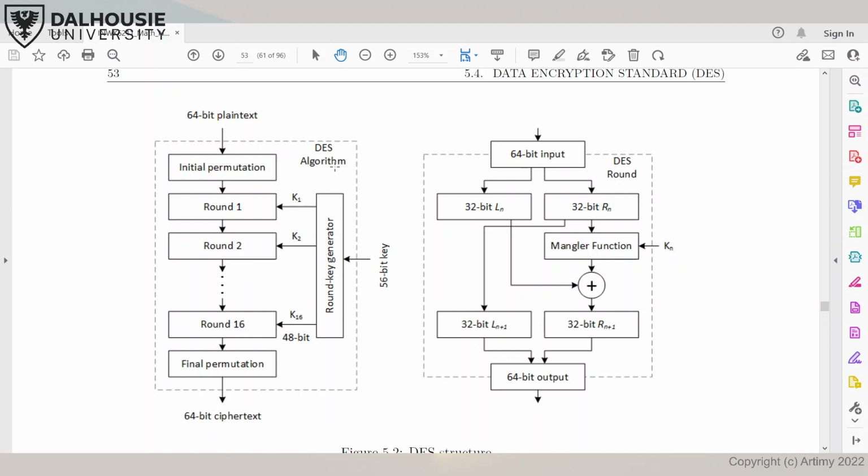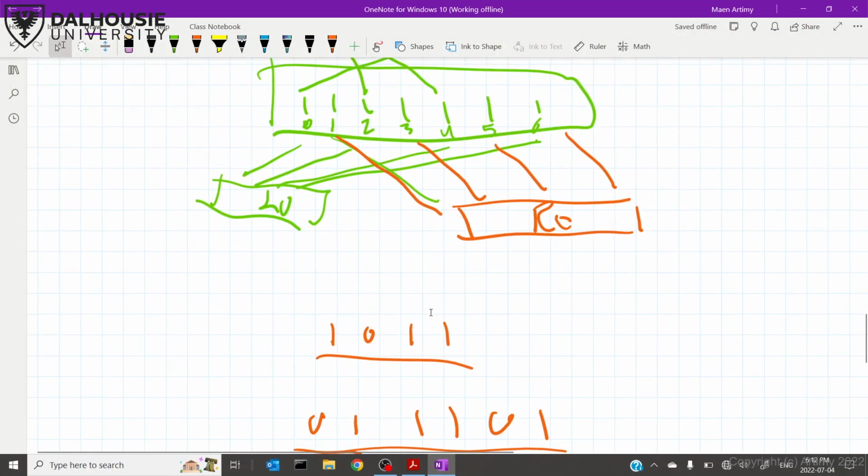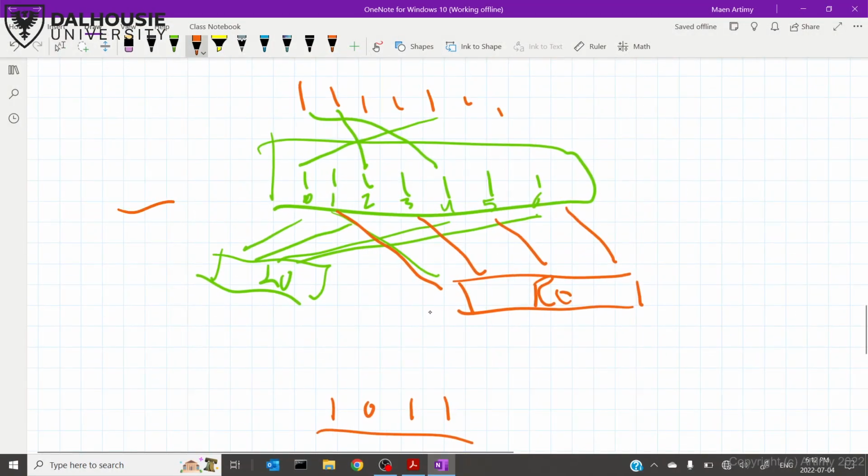And then finally, we have the final permutation. The final permutation is the opposite of the original one. So if the original one was like this, it will take us back. So if bit 1 was mapped to bit 3, now the output bit 3 will be mapped back to bit 1. So they are the opposite of each other, right?